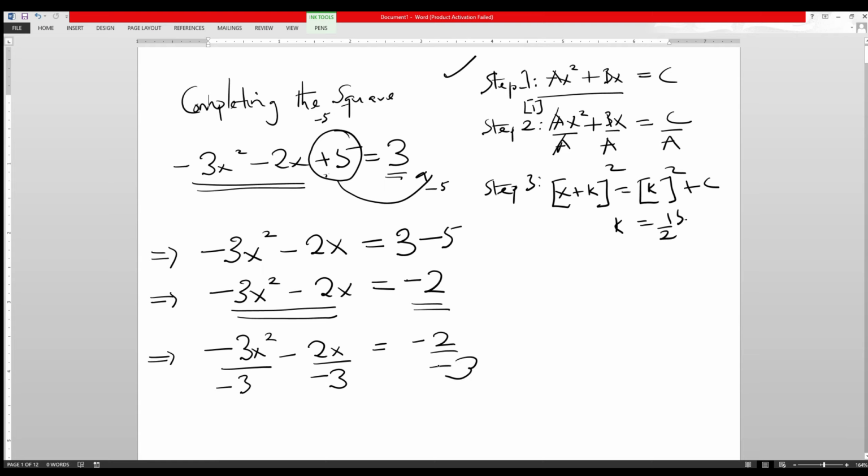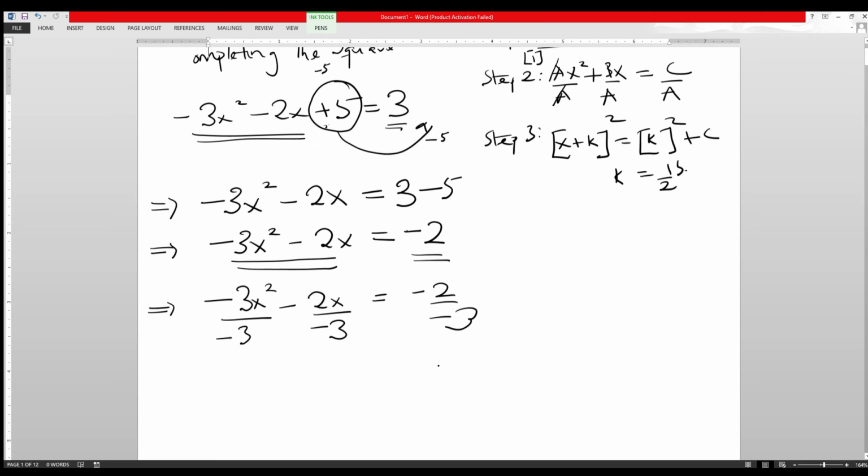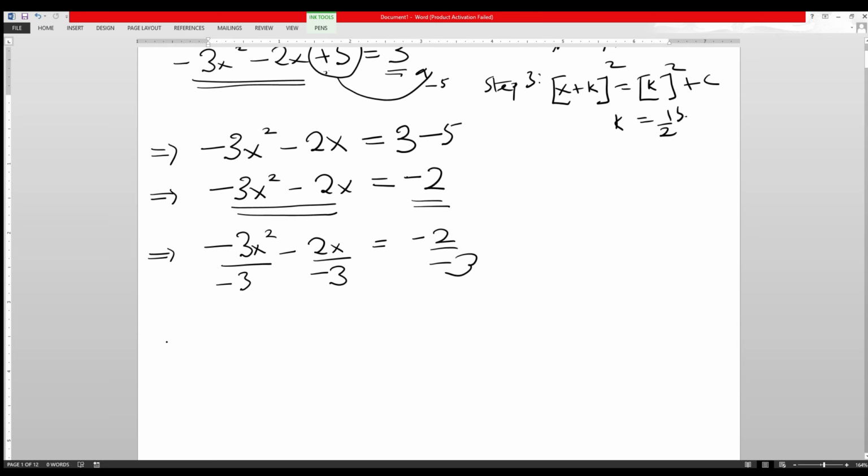Are you with me? Okay, let's simplify this further. So this -3 and this -3 will cancel out. So we are going to get x squared. Negative divided by negative is going to give us positive 2 over 3x.